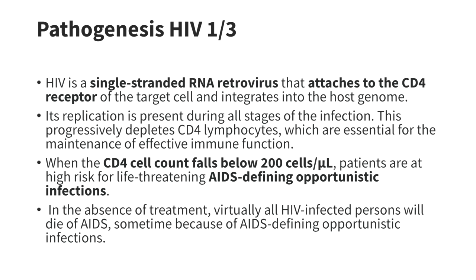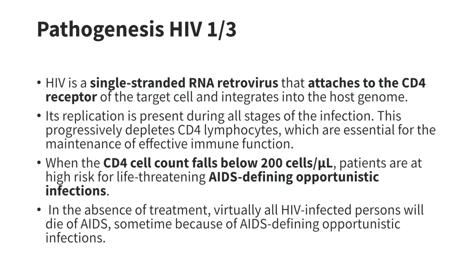Pathogenesis: this is a single strand RNA retrovirus. This retrovirus uses a receptor on the CD4 cells as its target to get into them, and the CD4 cells are mainly going to be depleted in number and in function.